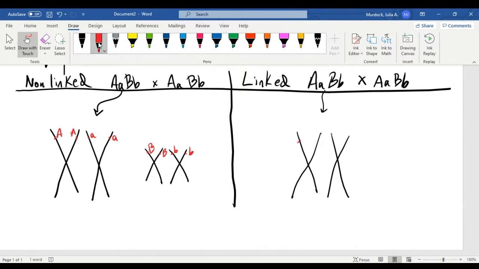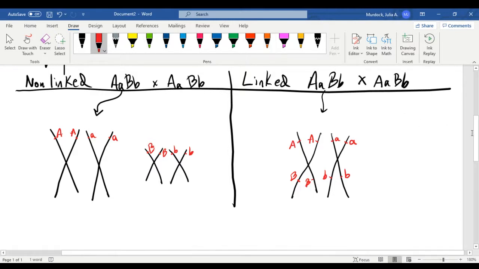So maybe you'd still have your A's dominant and recessive there, but maybe your B's would be down here on the same chromatids. That's the difference. The non-linked are going to be riding on different chromosomes.